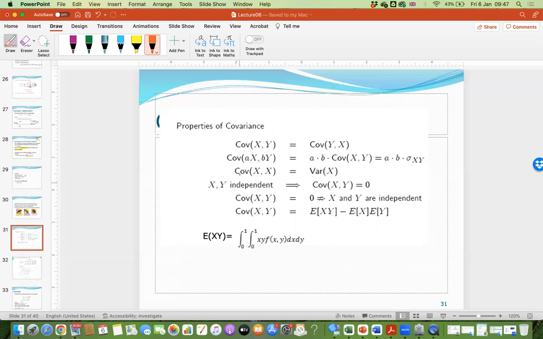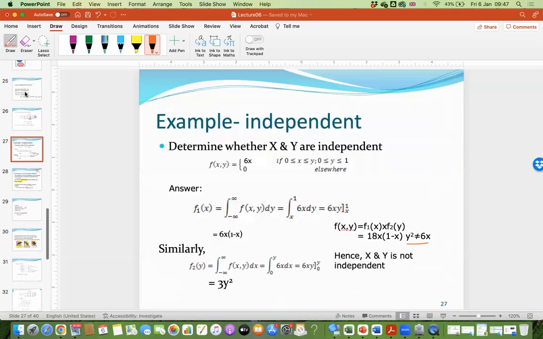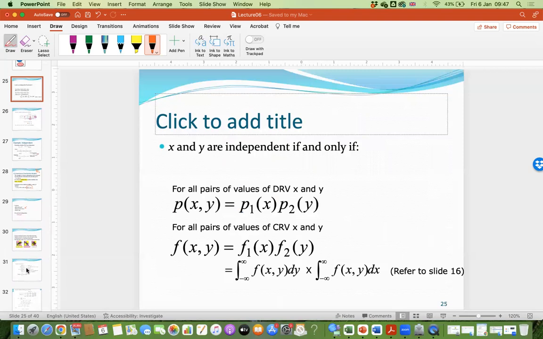And if you have the two equations where x is the same, you can use variance. If X and Y are really independent, you will get covariance equal to 0. But if your covariance is equal to 0, it doesn't mean your X and Y are independent unless you test using this condition. Okay, remember this?